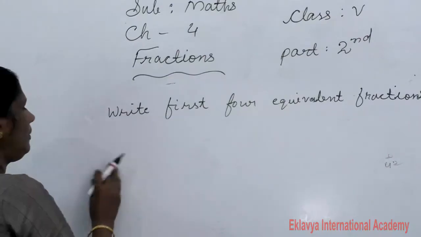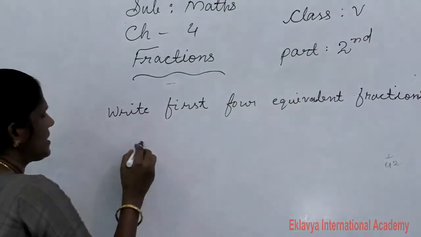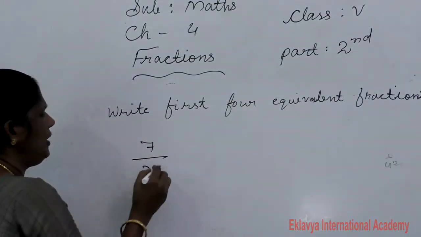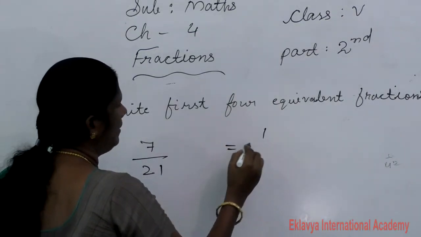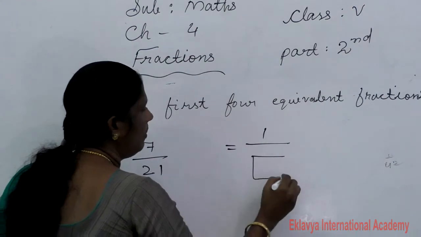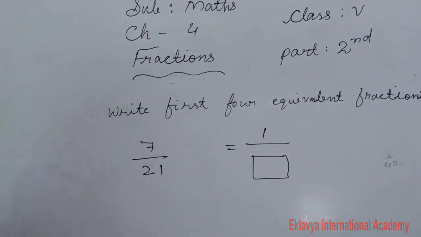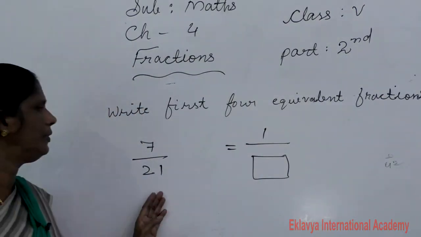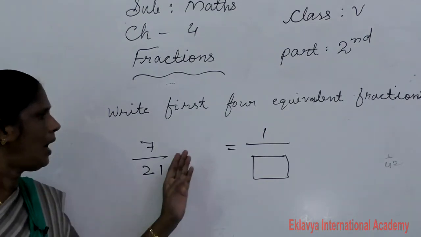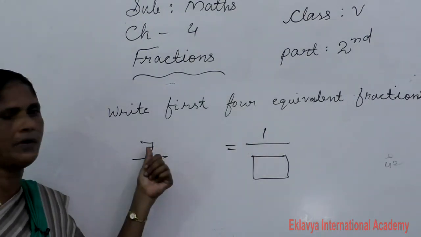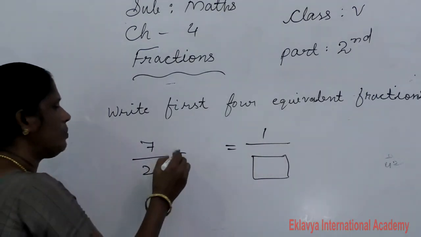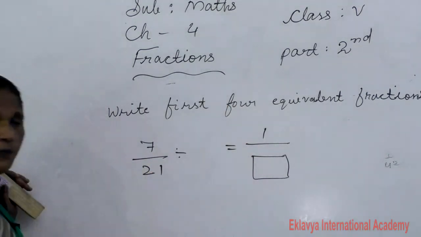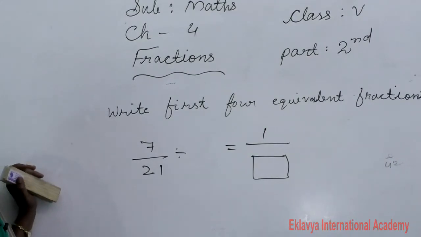Listen here, 7 by 21, here 1, then here blank. How many times does 7 go into 7, and how many times into 21? To get a smaller fraction, we divide.